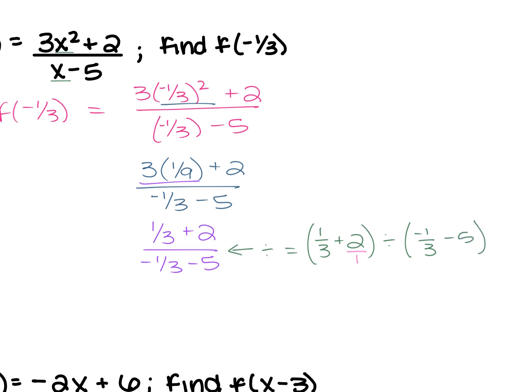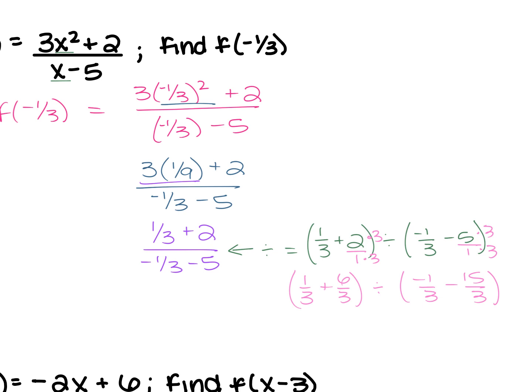That 2 is over 1, that 5 is over 1. You need like denominators in order for you to add or subtract these fractions. So with that 2 over 1, you're going to multiply it by 3, top and bottom. That's going to give you 1/3 plus 6 over 3. For the 5, or the negative 5, you're going to multiply top and bottom by 3. So that's going to give you negative 1 over 3 minus 15 over 3.